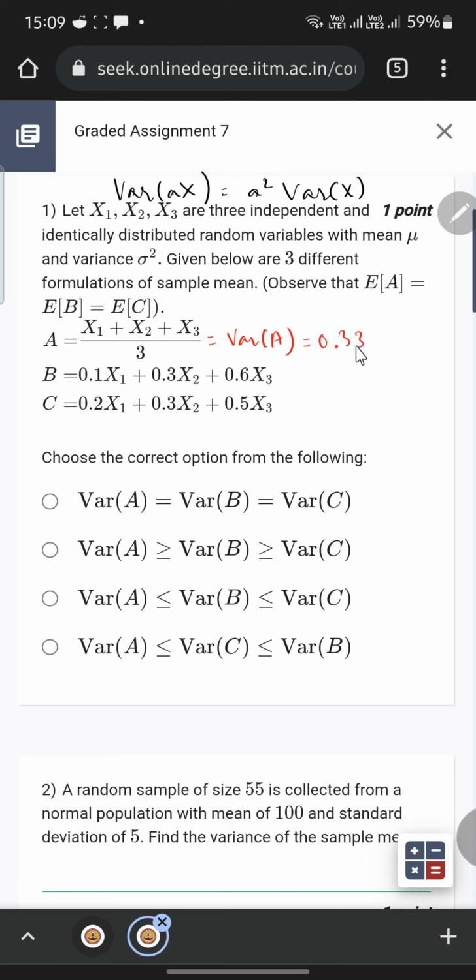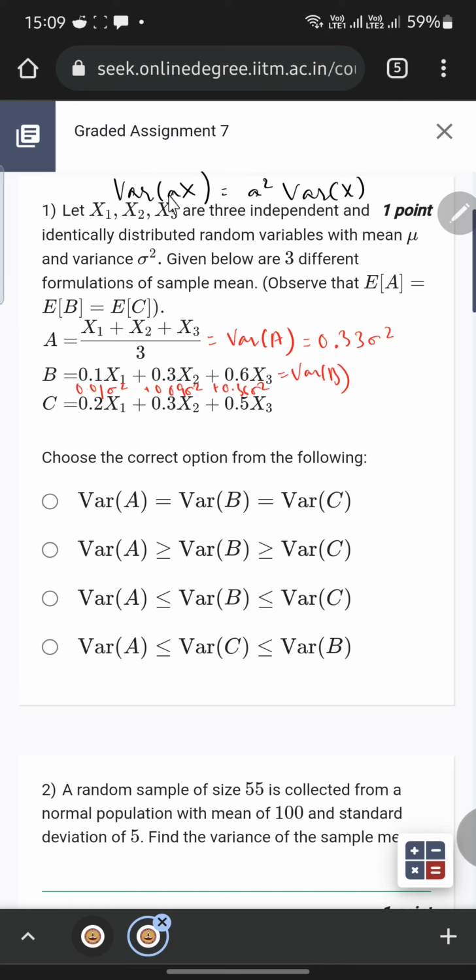0.33 sigma square. For B it is pretty easy. Variance of B would be 0.01 sigma square plus 0.09 sigma square plus 0.36 sigma square. Basically I am using the formula here.